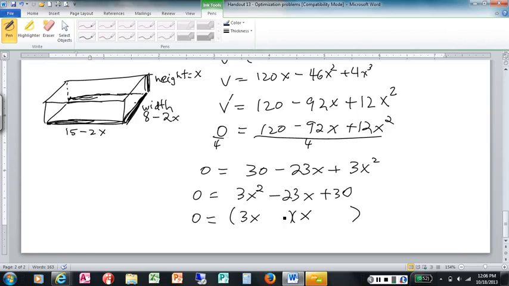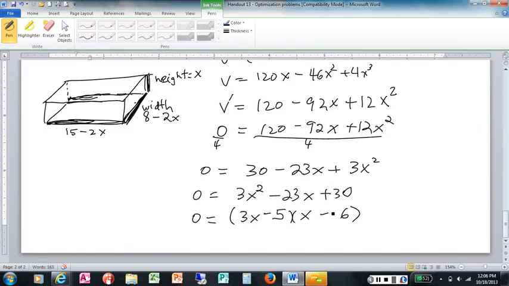No. Well, maybe I jumped the gun saying it works. 5 and 6? Aha. Thank you. If I do 3x minus 5 times x minus 6, I get 3x squared minus 23x plus 30.